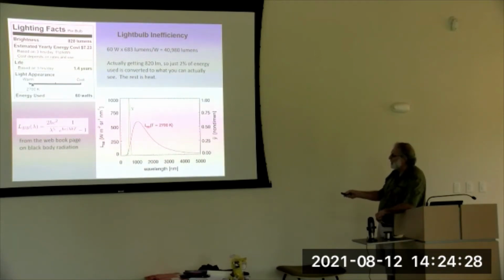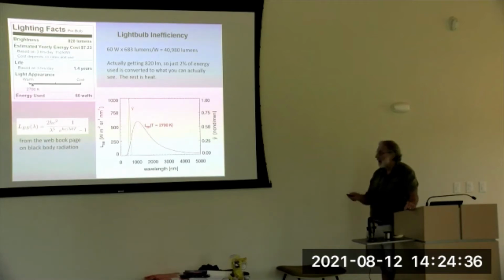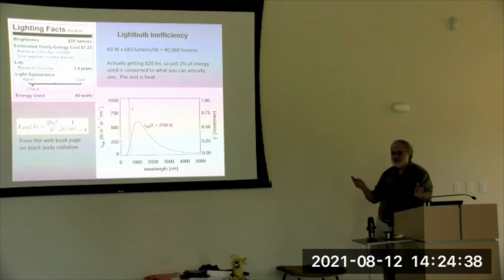What your eye is seeing is just this little bit of the curve right here, which is about 2% of the total energy. So bottom line, with your average incandescent light bulb, you're paying for 41,000 lumens, and it's really only giving you 820. That's about 2% efficiency. Colin.